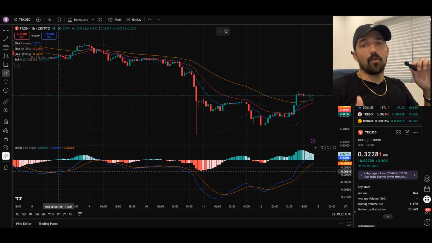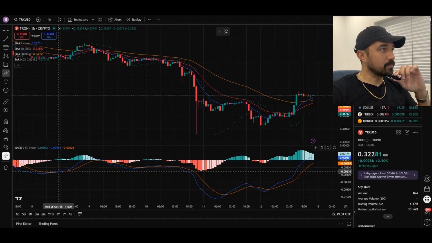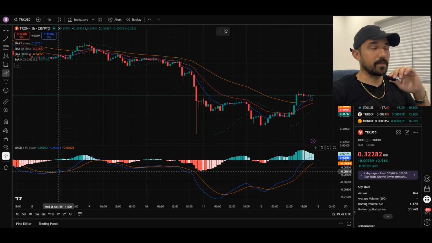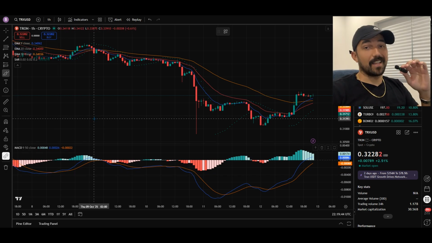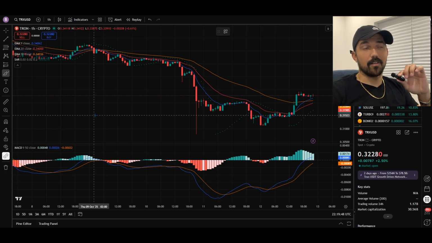I'm definitely going to get more in depth about these indicators. Right now, this is just a high level overview, but once you learn how to set these up and how these indicators work, it's a game changer. Trust me. And honestly, it's very, very simple. These are probably the simplest indicators to learn. So I'll definitely get into that down the line.